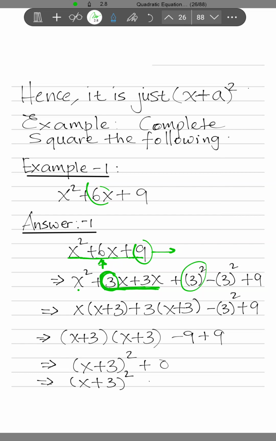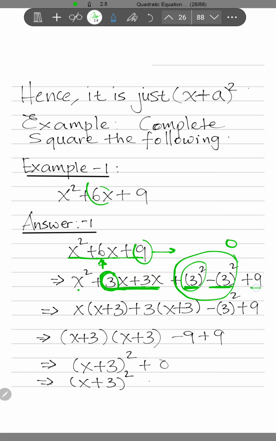If I add a number, I have to subtract the same number right away to maintain the value. So I added this number and I subtract that same number. So this part is nothing but 0. This is helping me complete the square.